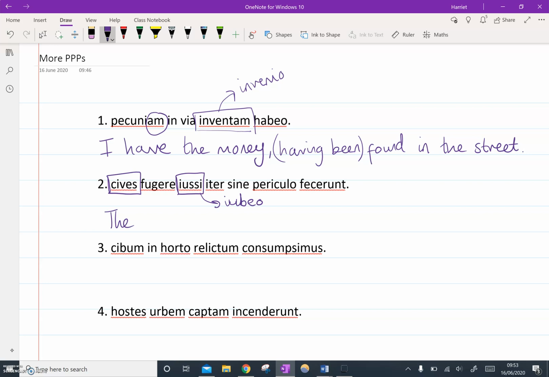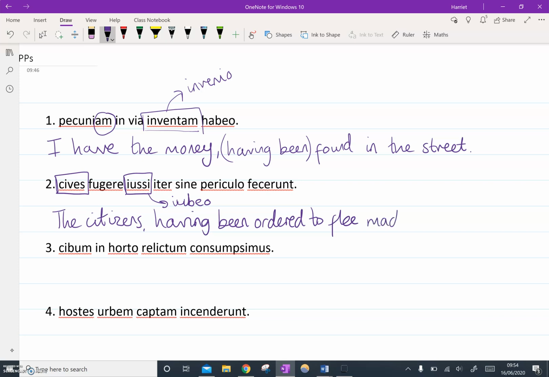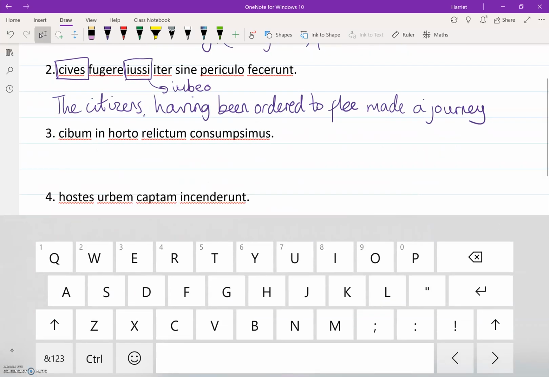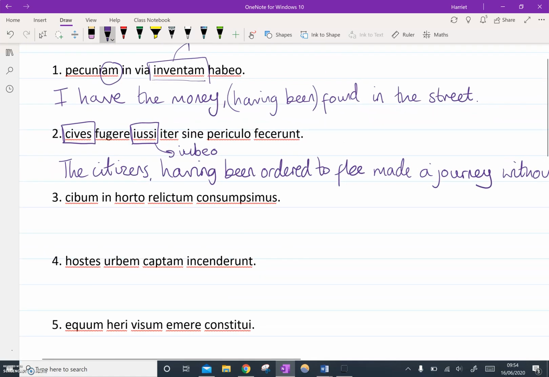So the citizens, having been ordered fugere, to flee, fecerunt, made iter, a journey, sine periculo, without danger. Okay, so that was number two.